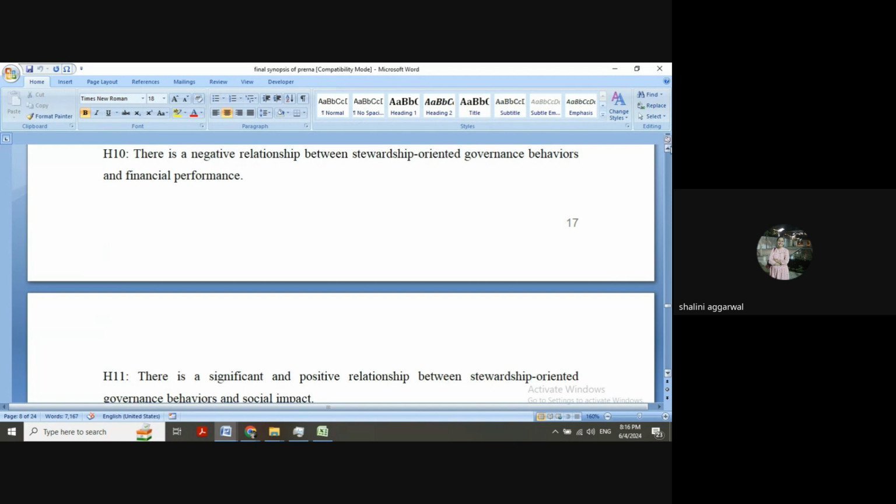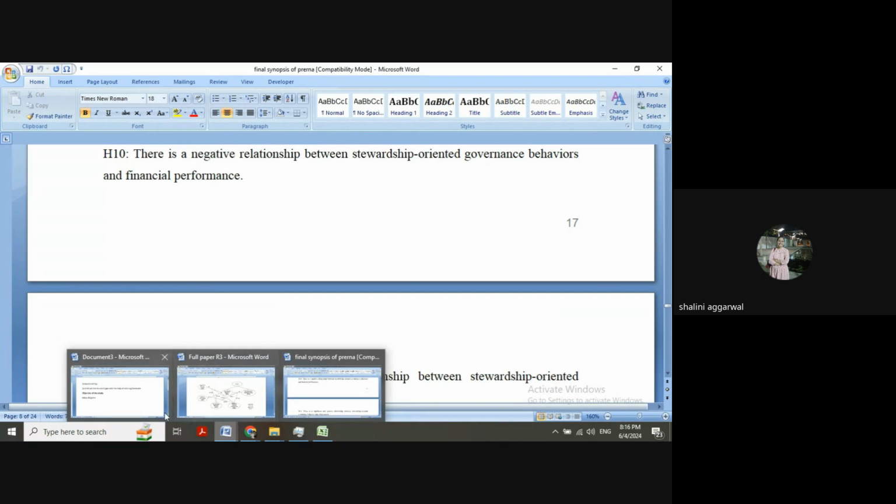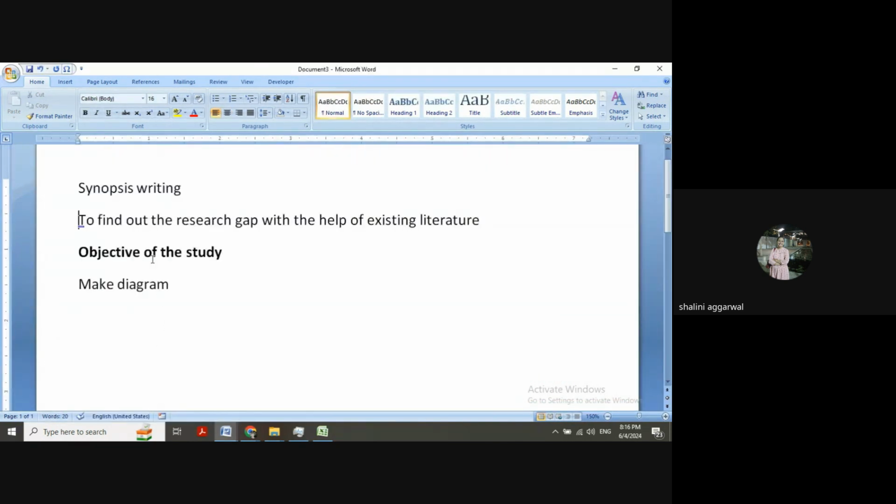So this is the most important part. Rest of the things will be in place of their own. But what is the most important part in synopsis writing is to find out the research gap with the help of existing literature. That you have done. After that you will set your objective and make diagrams. This is the most important part in the synopsis writing, right?